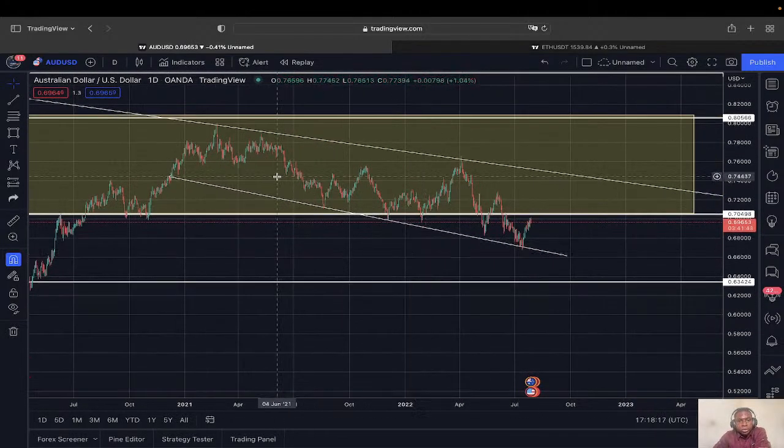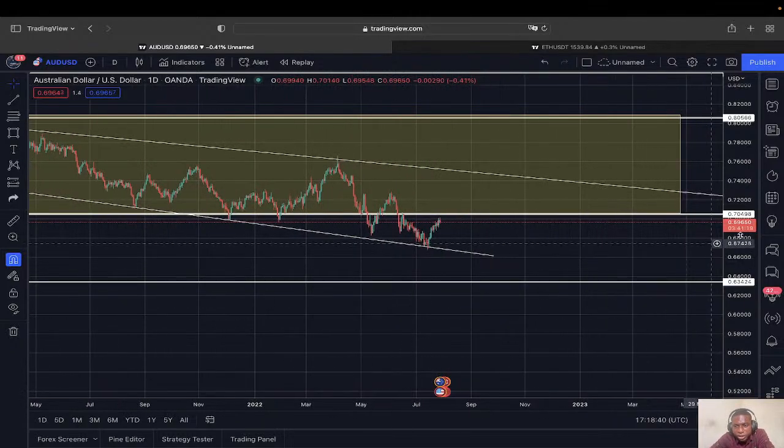Good. So from this level, we can see that we have a channel here where price has been moving up, coming down, moving up, creating higher highs and lower lows. All right. So currently here now is what we want to see what price is currently doing.